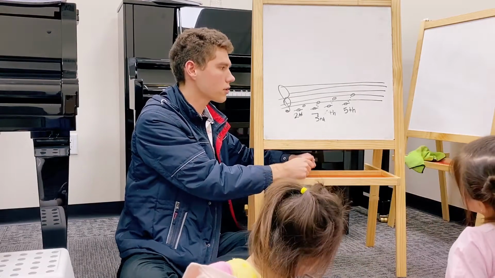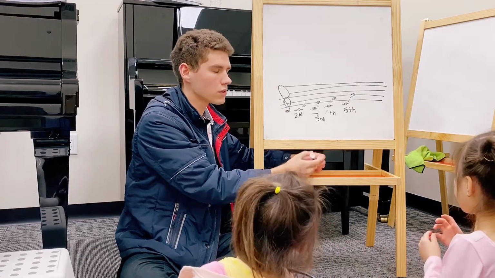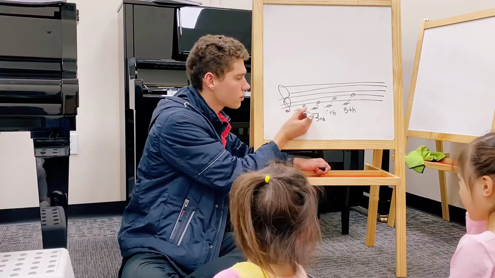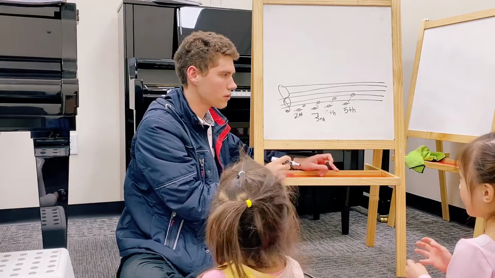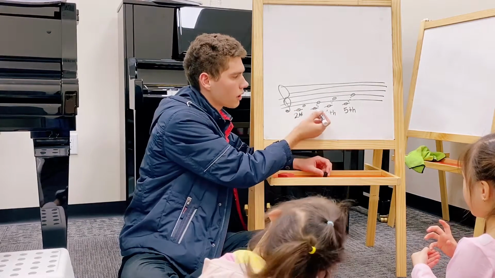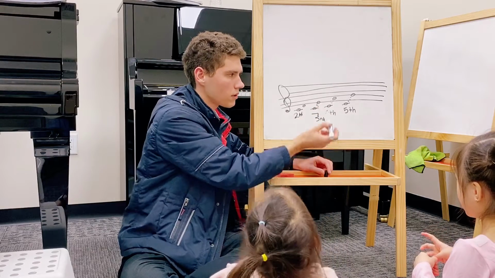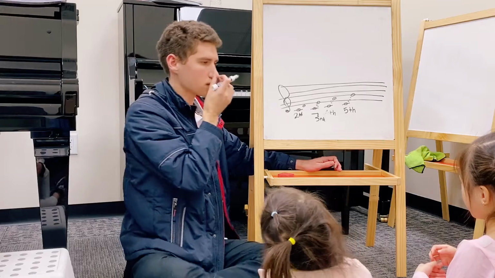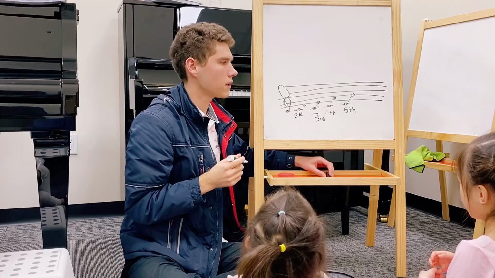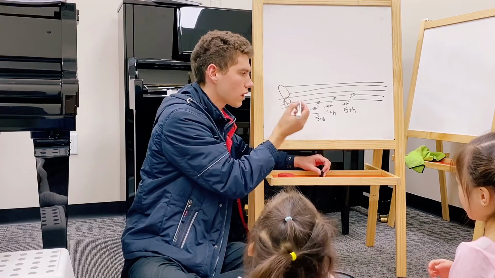In the homework, you are going to count. You're going to count 1, 2, and you're going to write down a number. You're going to count 1, 2, 3, and write the number. 1, 2, 3, 4. The most important thing is that you don't miss any spaces, any lines. You have to count all of them.